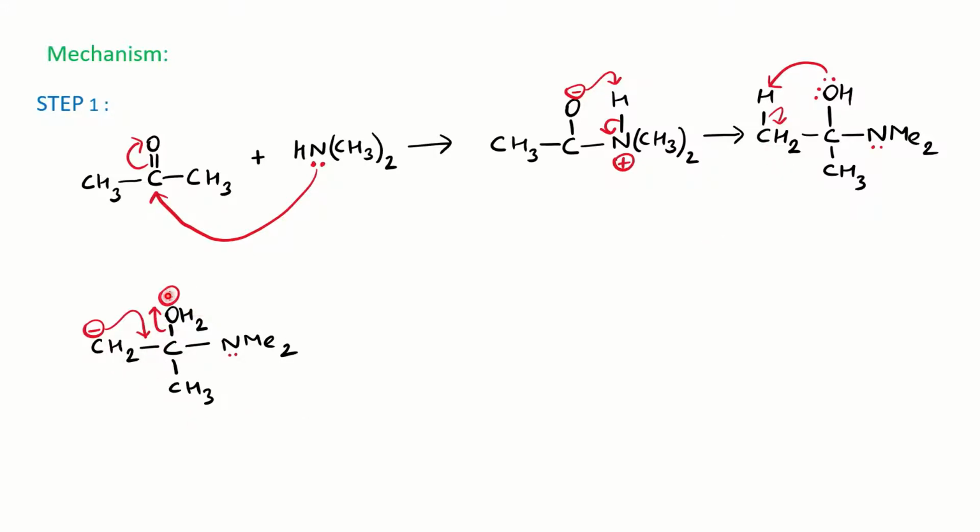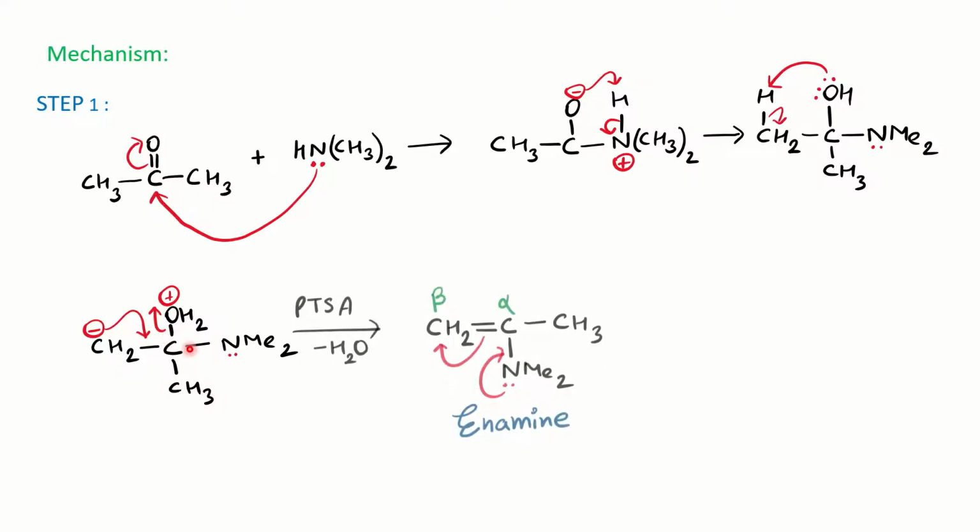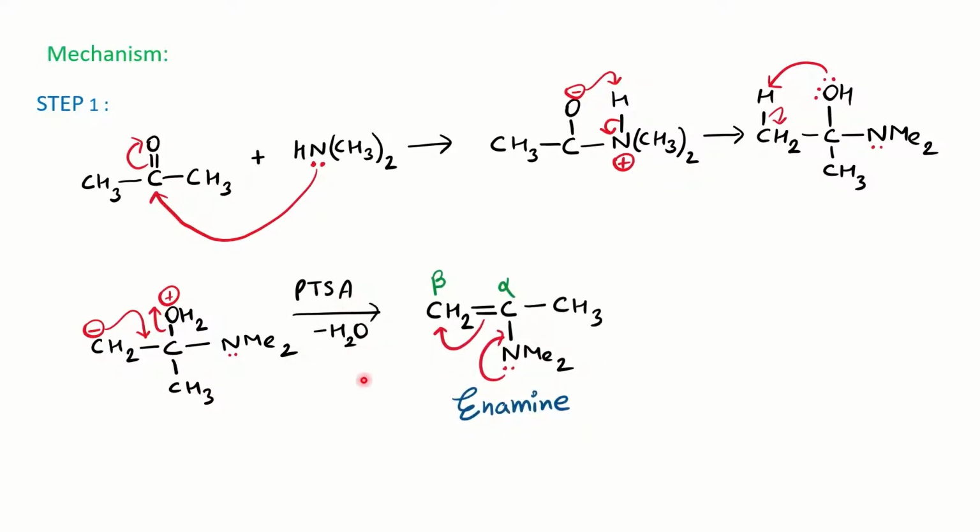Now OH2+ is a better leaving group, so you can notice here the negative charge on the carbon will move the electron to the CC bond, followed by the departure of water. And finally, the presence of acid is very helpful to release the water here, and you will get a double bond here. So you can notice this is basically called an enamine. So we have formed the enamine here, which is the Stork synthesis of enamine.